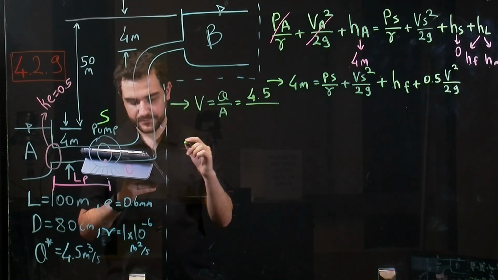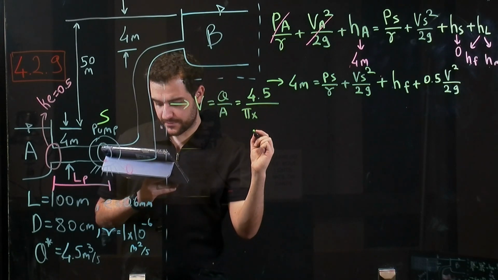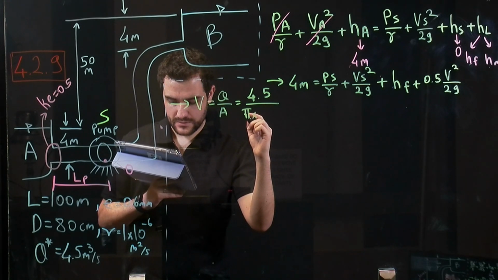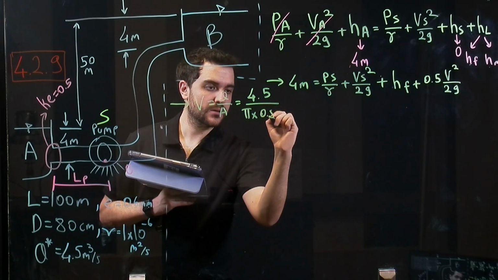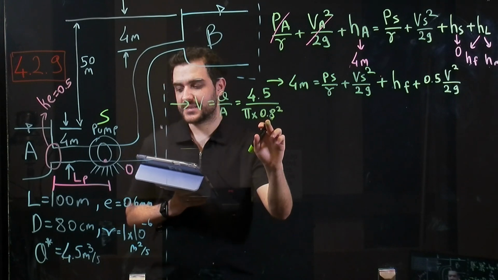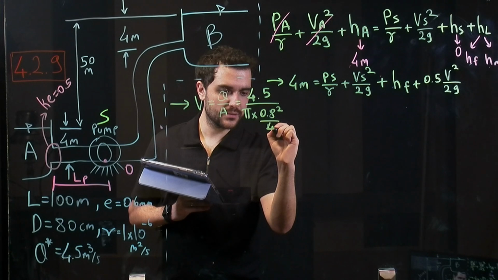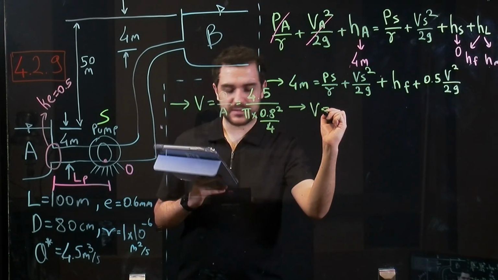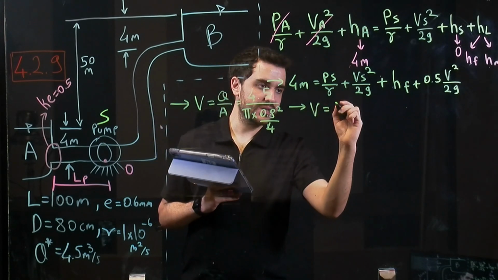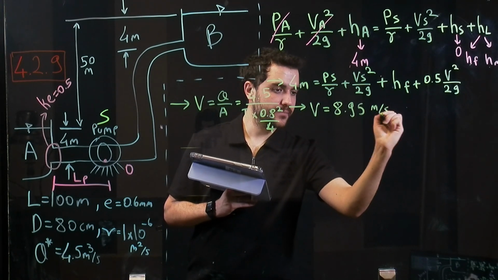So we can write pi, this is in meters, not centimeter, of course. And from here we can get velocity as 8.95 meter per second.